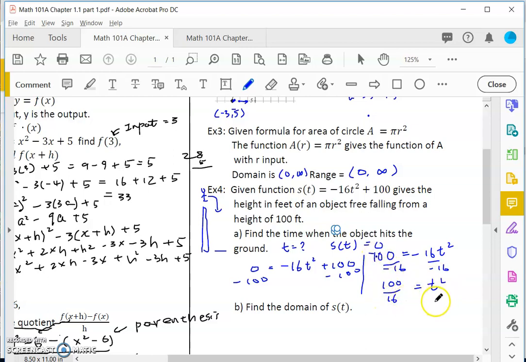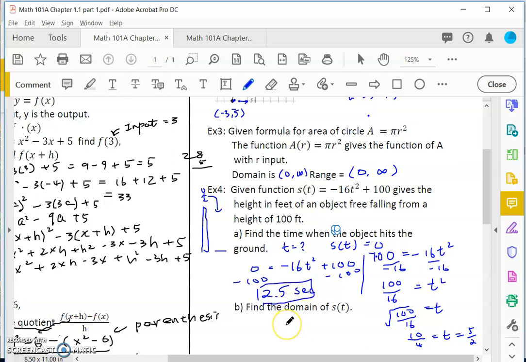Negative and negative cancel. t would equal the square root of that, so the square root of 100 over 16. Both of them are square numbers: the square root of 100 is 10, the square root of 16 is 4, so t equals 5 over 2, or 2.5 seconds. So after 2.5 seconds, it's going to hit the ground.